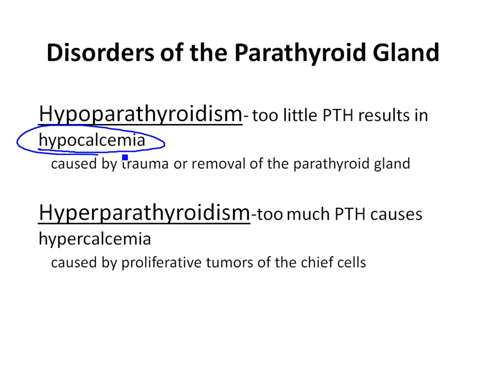So it's not real common, but as you get too much parathyroid hormone, you're going to start pulling calcium out of your bones to try to make sure you're keeping those calcium levels up, because that's what parathyroid hormone is telling your body to do, keep the blood levels of calcium up. So you're going to start leaching the calcium out of your bones. You're going to get soft, porous bones.